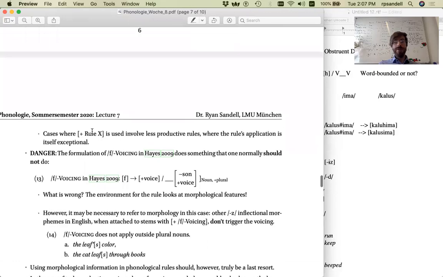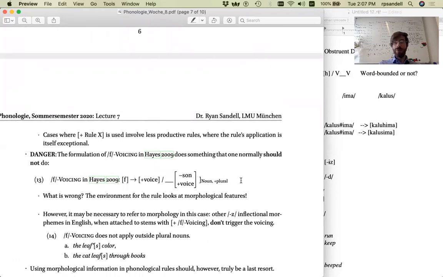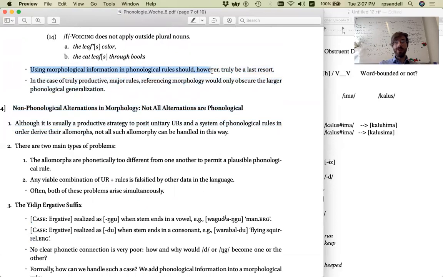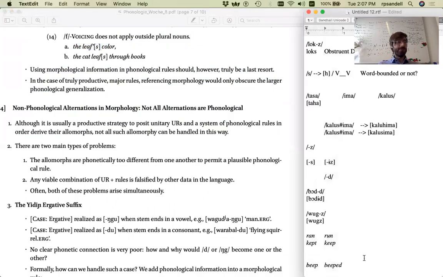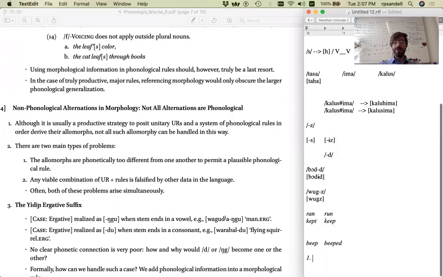So maybe it's necessary to somehow refer to morphological information, but using morphological information in phonological rules in this way should really be a last resort. We should look for cases where we find the same phonological environment and the same base, the same stem.